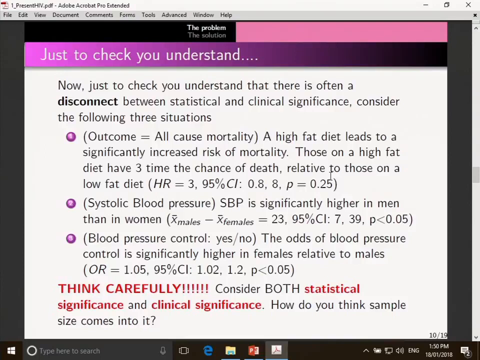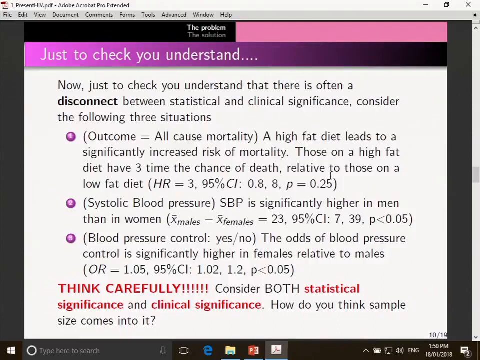In the first case, our outcome is all-cause mortality, so we have done a survival analysis. We have a hazard ratio as our measure of association. A high-fat diet leads to a significantly increased risk of mortality. Those on a high-fat diet have 3 times the chance of death relative to those on a low-fat diet. The hazard ratio itself is 3.